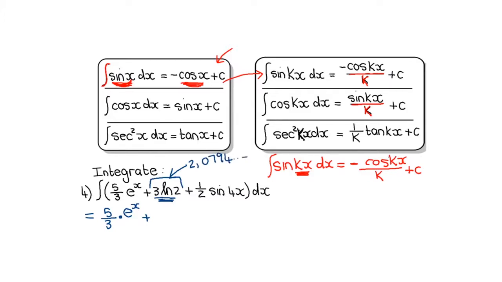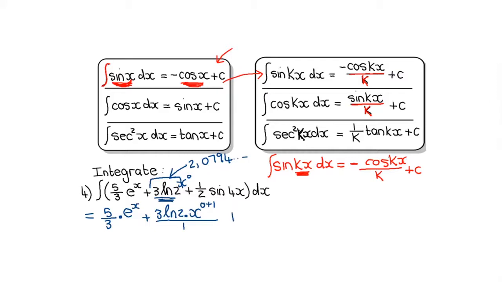So actually I've got a constant here. So it's actually 3 ln 2, and I have an x to the power 0 next to it. So I can use the basic rule I used in the previous lesson. I have a 0 as an exponent, plus 1, divided by 1.